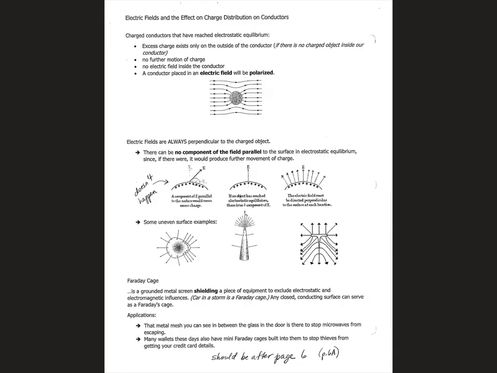So how do electric fields change based on the distribution of charges on a conductor? The way it mostly works is that if you have a metal conductor, the charges only exist on the outside shell. So if this is like our metal spheres, the charges are never truly in the middle.